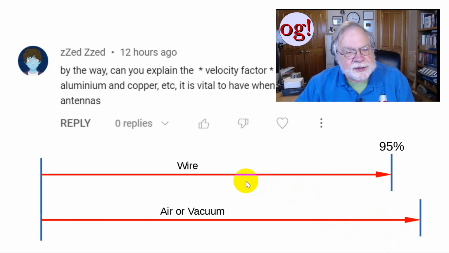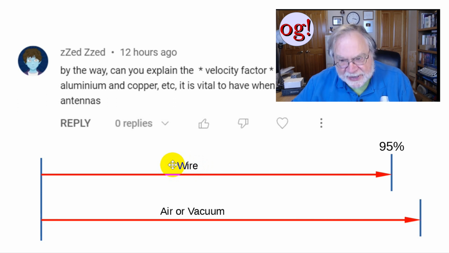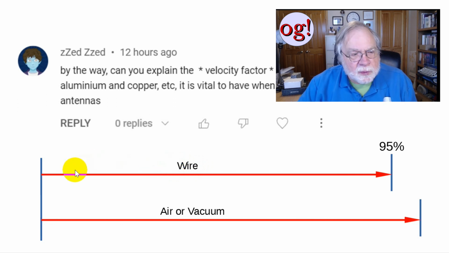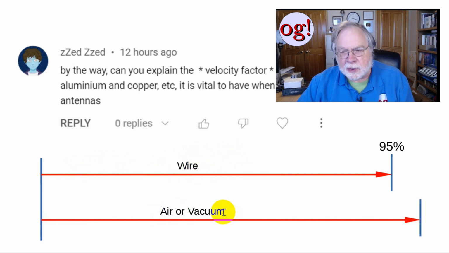Now, if you use just an ordinary piece of wire, like the wire in your antenna, the speed of the electromagnetic field in wire is slower than an electromagnetic field in air or vacuum. It's slower by 5%.